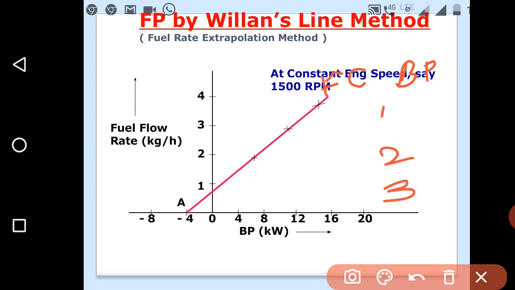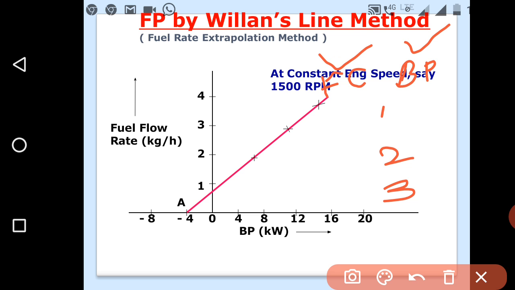So for different load conditions, we find out the brake power and fuel consumption.